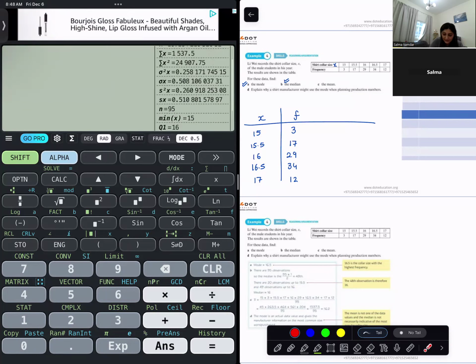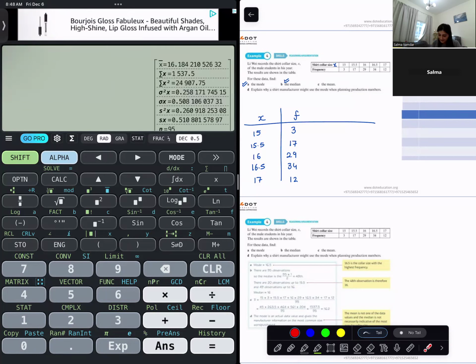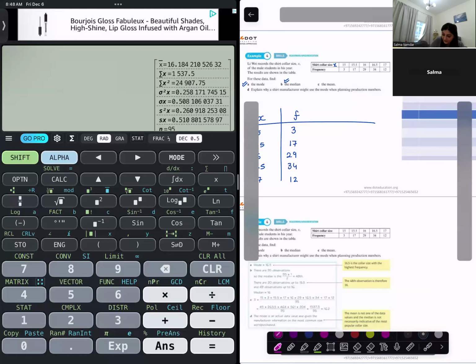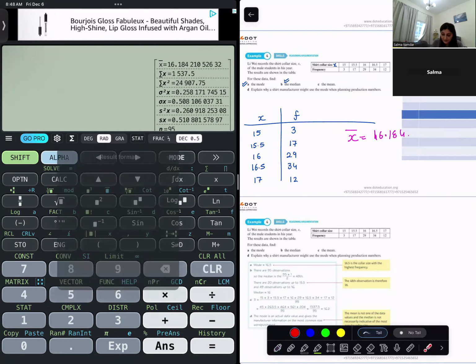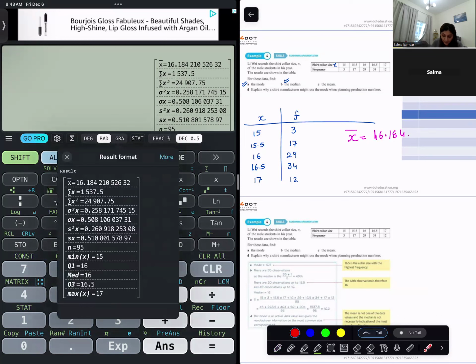If you see the calculation properly, I am getting my mean of x. What is the mean of x? I get the mean of x as 16.184. My summation x I am getting over here as 1537.5.